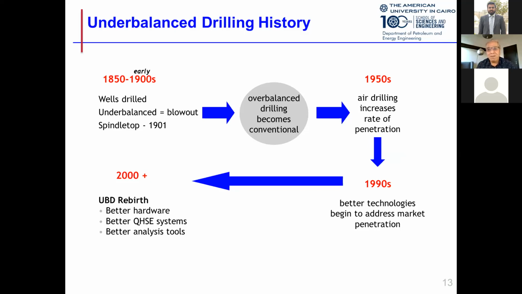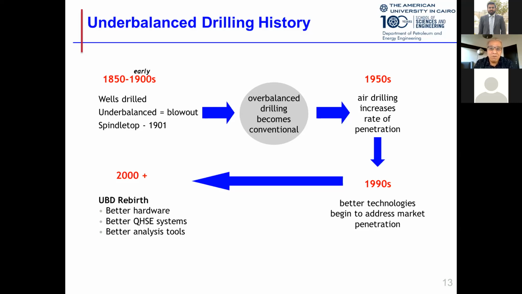And usually this is the only way to know, because at that time, if you look at 1850 to 1900, there was no good technology, and there was no other way but to have the fluid coming out at the surface. This was the only indicator that there is oil, and this used to be called just oil out or blow out.